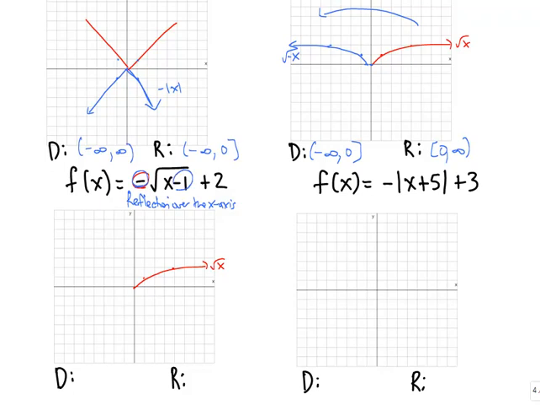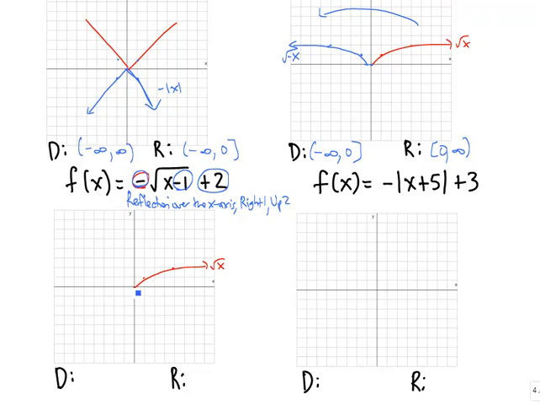The minus 1 on the inside of the function, because it's on the inside, that's a horizontal shift. So think backwards. A minus 1 is actually going to shift us right 1. And then the plus 2 on the end is going to shift us up 2. So here's what you want to do. When you have all these different transformations involved, always start with that base point and see where it's going to move to.